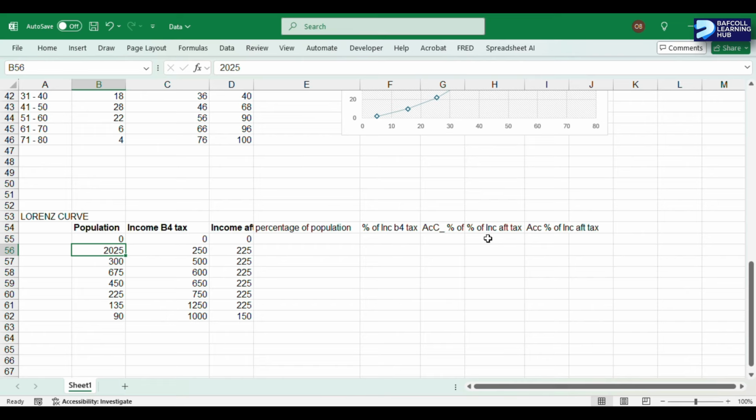After that, we compute the cumulative percentage of population, cumulative percentage of income before tax, as well as cumulative percentage of income after tax. Before that, I have to compute the totals. That shouldn't be a problem, so Alt equals will do the job, and I can just drag it through.